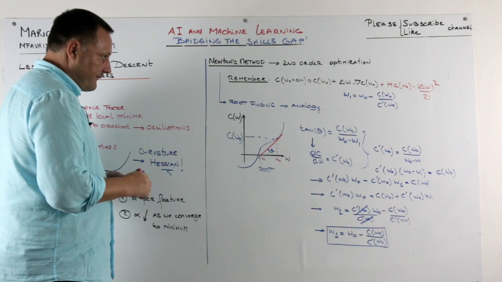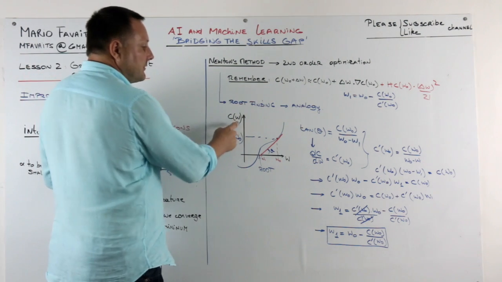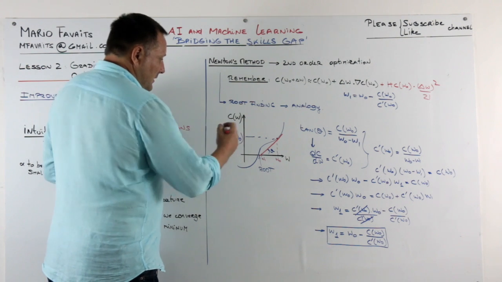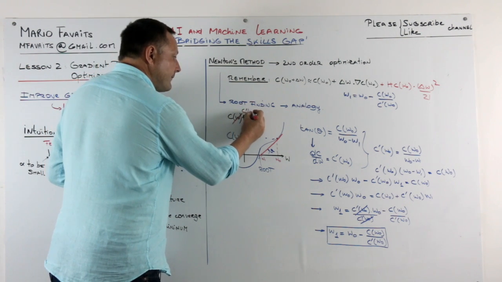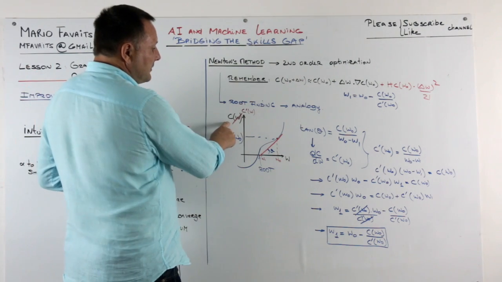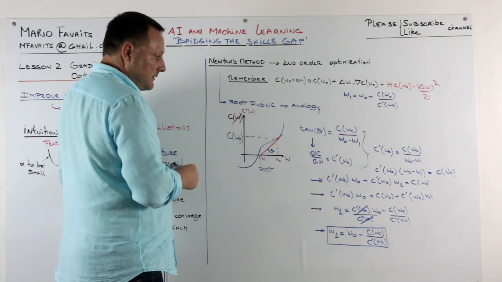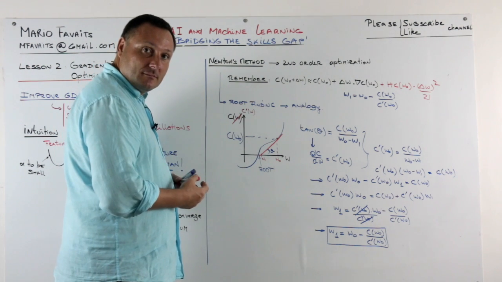Now instead of having C of W here, we could place C prime of W here. So C of W becomes C prime of W, and the derivative then becomes double prime.